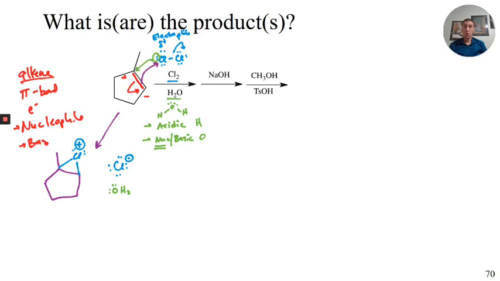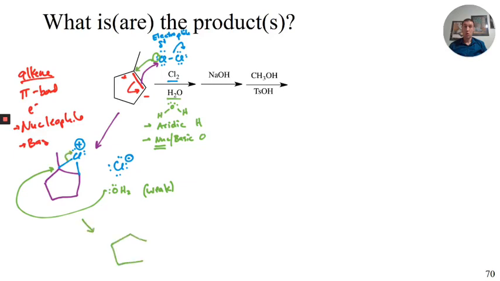Because we have a great leaving group, that chlorine does not want to be positive, and we have a weak nucleophile, because it is not charged, our water is going to attack the more substituted position, causing the bond to break.